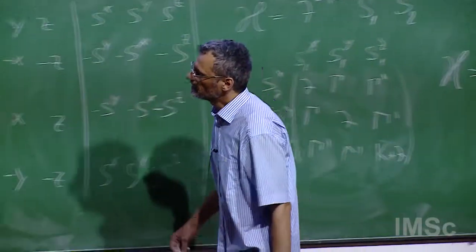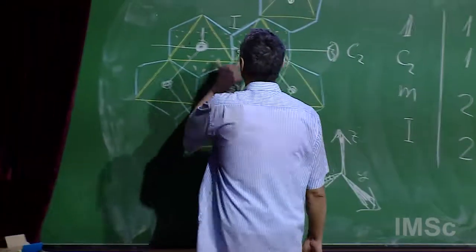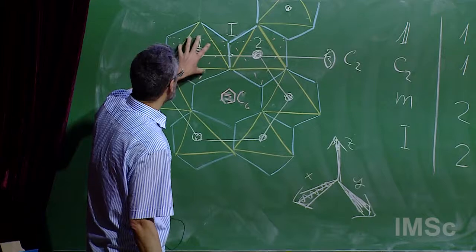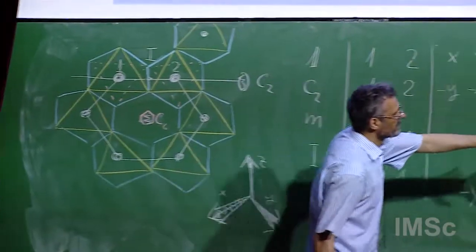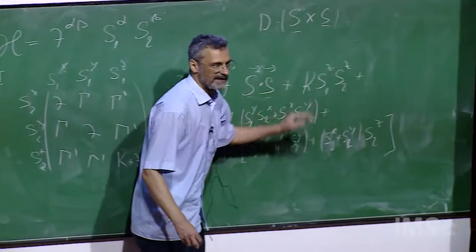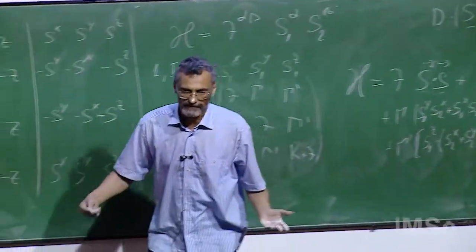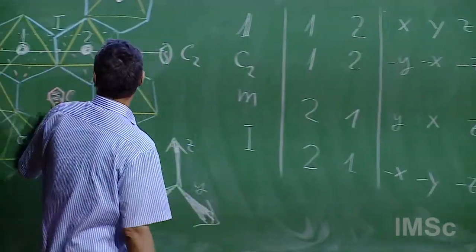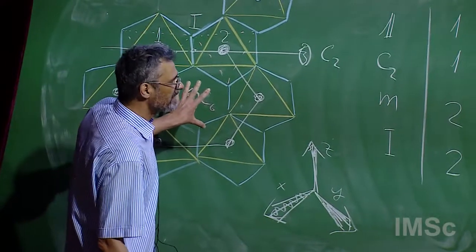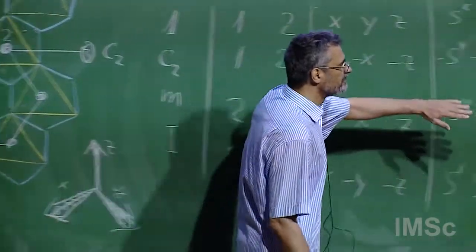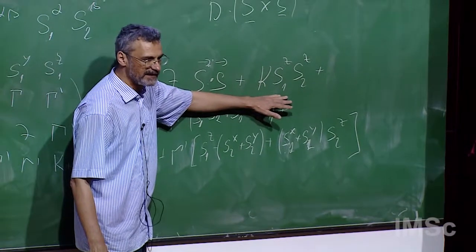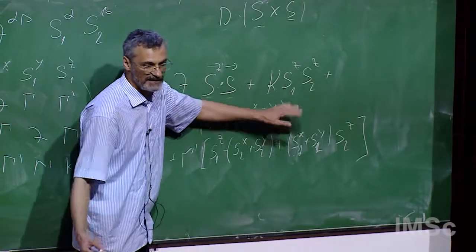In 2009, Jackeli and Khaliullin derived this type of Hamiltonian starting from a microscopic model, really looking at the orbitals. Later, it became clear that the simple Heisenberg plus Kitaev model is not enough. We need additional terms to describe the actual materials.